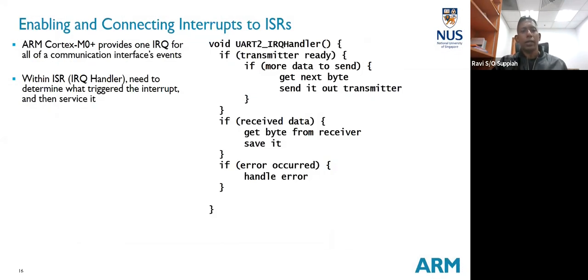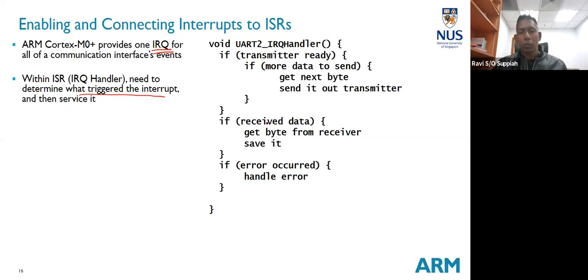Now, in our Cortex M0 that we are dealing with, we only have a single IRQ handler. This is important. We do not have separate interrupts for transmit or receive. It's a single interrupt for the UART module, and inside the handler, we must differentiate what triggered the interrupt. Is it that I want to transmit and then I trigger the interrupt, or I receive and then it triggers the interrupt?